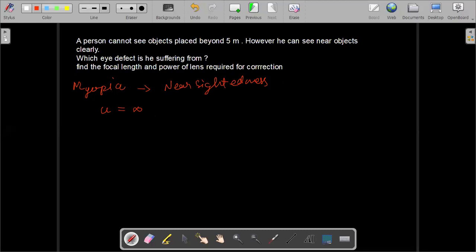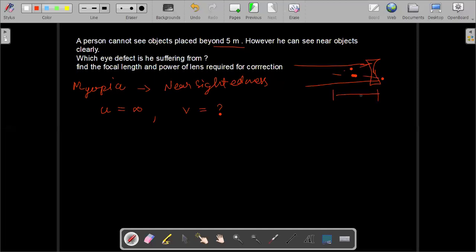Okay. Then next we want to find out the image distance. So image distance V, let us try to understand what it should be. The person is able to see only up to 5 meters. He cannot see beyond that. So whatever lens I use here, I should be using a concave lens. For an object at infinity, it should be able to form the image within 5 meters.